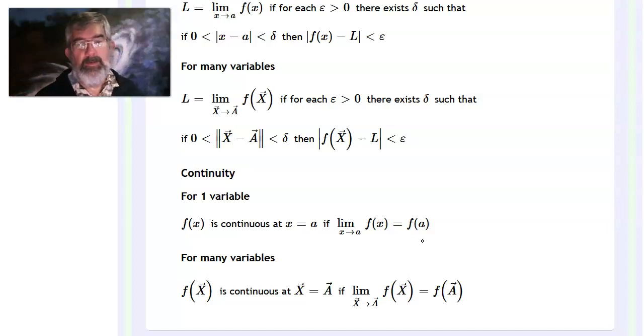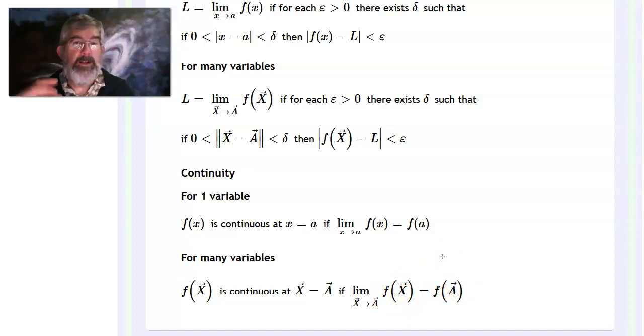For many variables, we have this vector x, a vector with n components in it, x1, x2, up to xn. So f of x is f with n variables being plugged in, each of the components of x. We say that this is continuous at vector x equals vector a if the limit as vector x goes to vector a of f of vector x equals f of vector a.